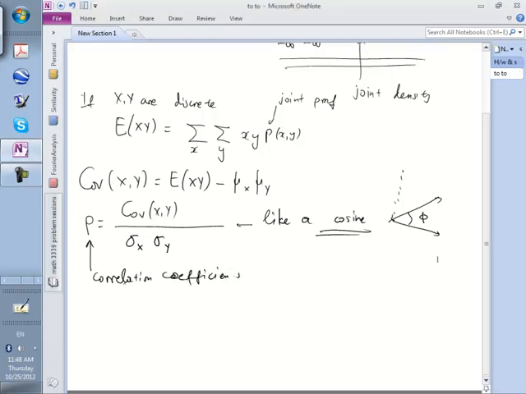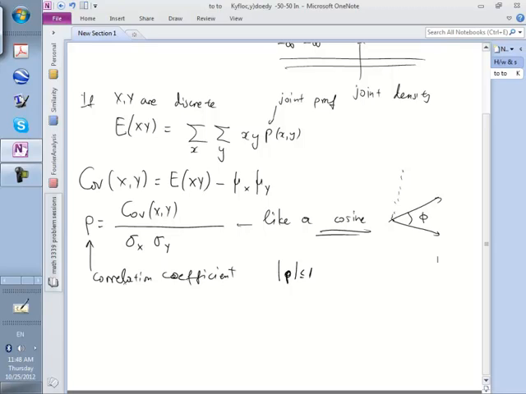Values that are closer to 0 mean less influence, more or less, between X and Y. Where if the values coincide and go close to 1, it means quite a bit of coincidence of the values. So this is the correlation coefficient, and the absolute value of it is less than or equal to 1.